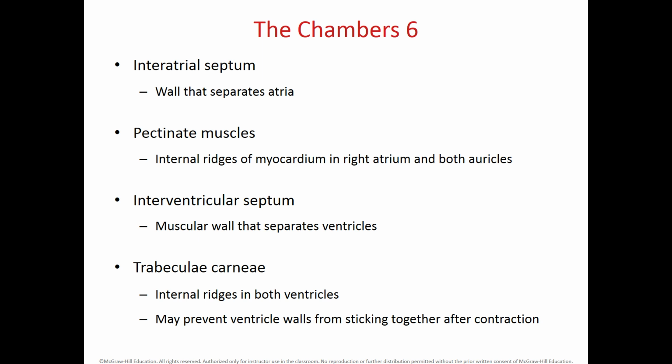And then within the ventricles, we have this interventricular septum that separates the left and the right ventricle. And then within the ventricles, we have these muscle ridges that are known as trabeculae carneae that prevent the ventricular walls from sticking after contraction.